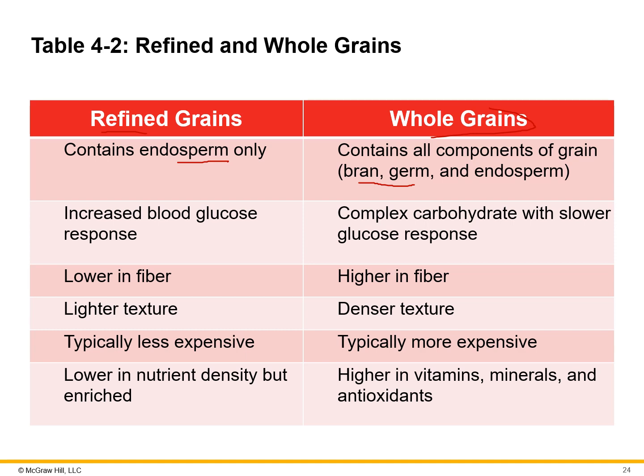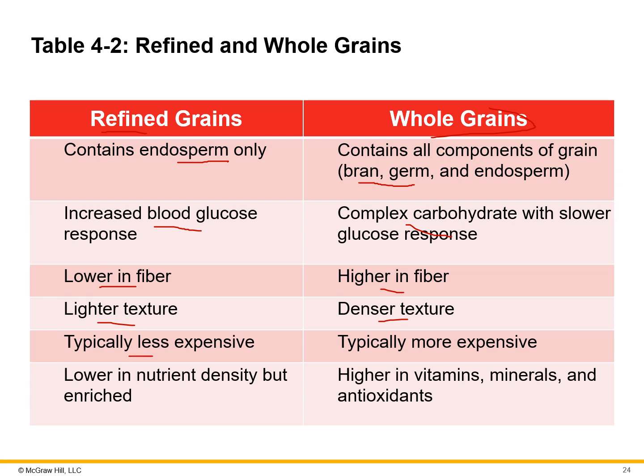The reason we want to limit those refined grains is it increases the blood glucose, whereas the complex carbohydrates give a slower glucose rise because it takes longer to break them down. Refined are lower in fiber because they're missing the germ and the bran, whereas whole grains have higher fiber. A lighter texture in the refined, again, like white bread, whereas a darker, denser texture is seen with the whole grains.